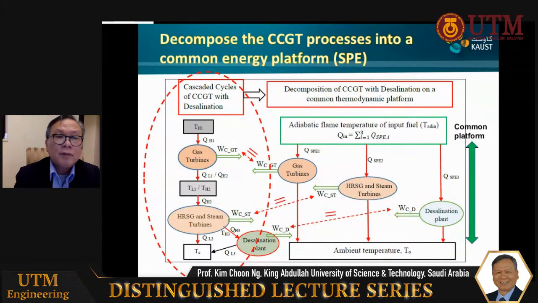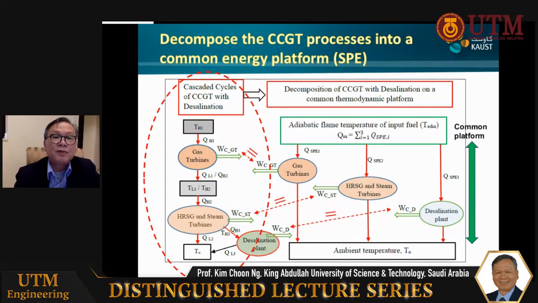Now, when you look into details of the CCGT, you can see that the cycles in CCGT can be shown in this temperature cascade manner. The fuel that burns at TH1 in the combustor runs the gas turbine and rejects to a lower temperature reservoir represented by the HRSG, that is the heat recovery steam generator.